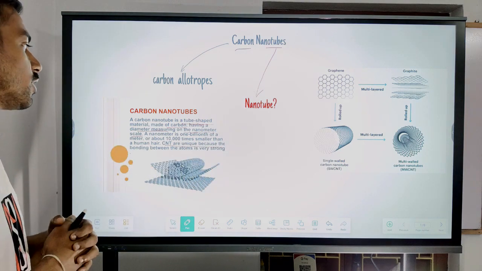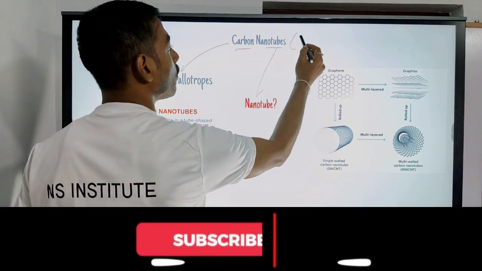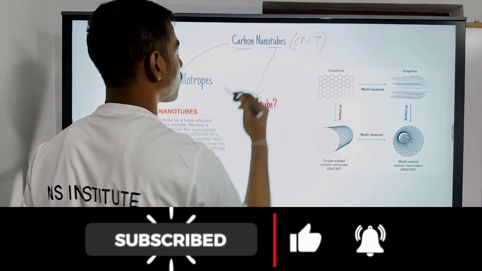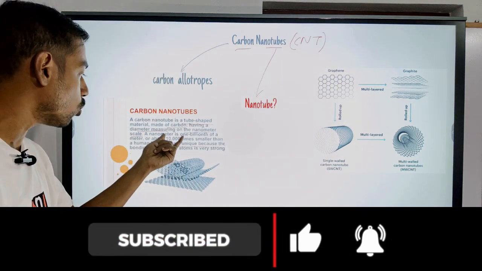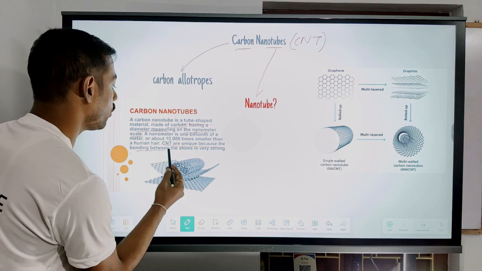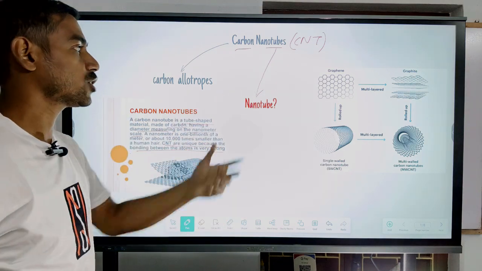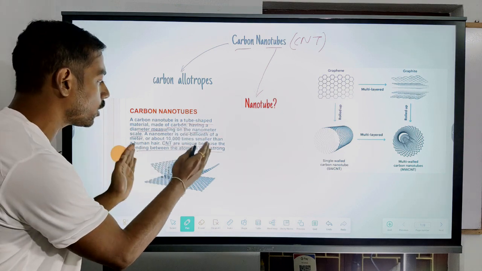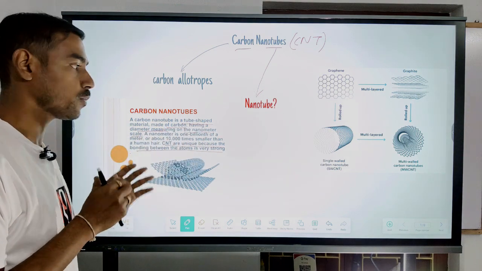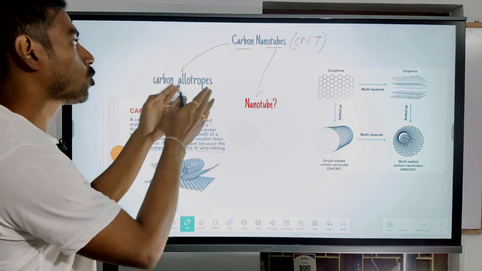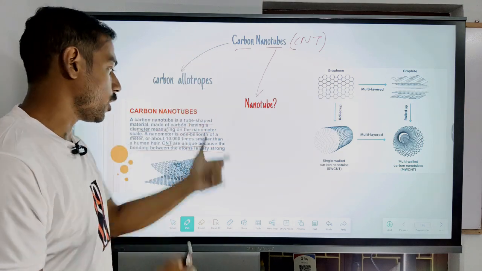CNTs, sometimes in short form named as CNT, that is carbon nanotube, are unique because the bonding between these atoms is very strong. Later in this lecture we will come to know why the bonding between these atoms is very strong. So now we will go to the structure of these carbon nanotubes.